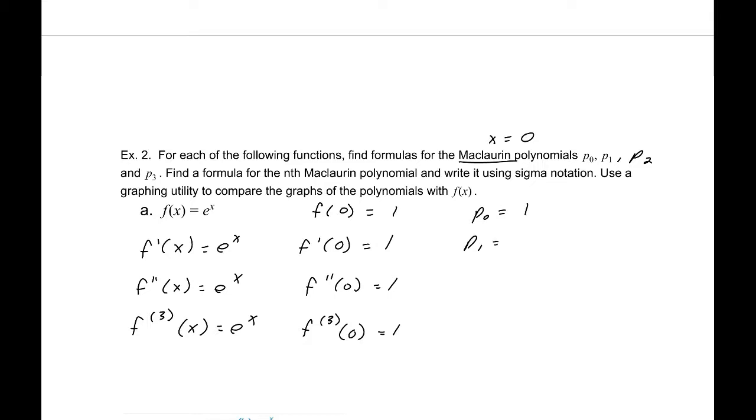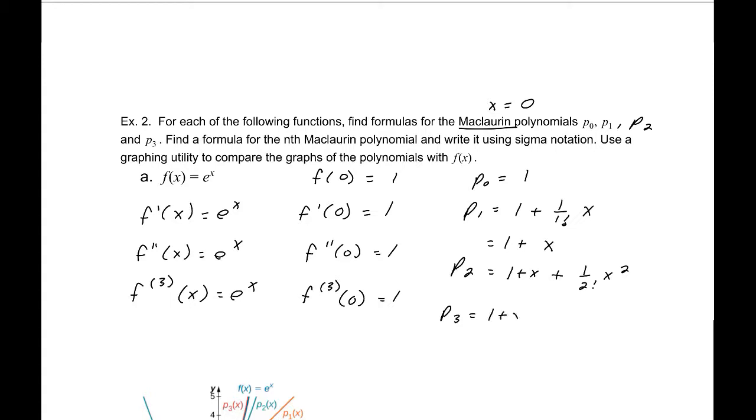Our first polynomial is 1 plus 1 over 1 factorial times x, and we'll just have x because we're centering at 0. So this is 1 plus x. Our second polynomial, 1 plus x, plus 1 over 2 factorial x squared, which is just 1/2.